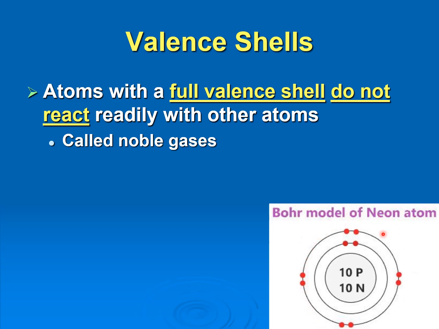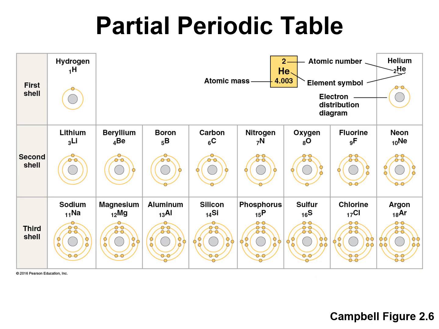And so neon is very happy by itself, and it says, I don't need to share electrons with anybody. I don't want to give any away. I don't want to gain any electrons because I've got a full valence shell. I've got the magic number 8 in that second shell. So neon is not going to react with any other atoms and form chemical bonds with them. So it is happy by itself.